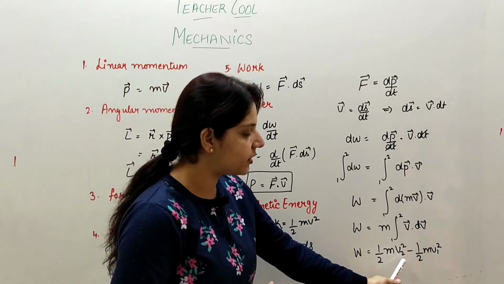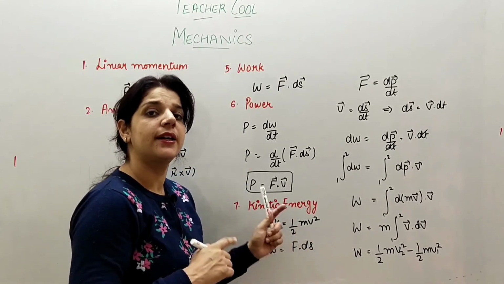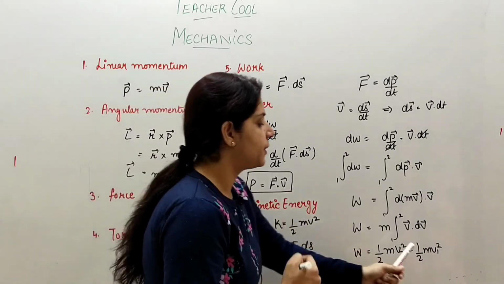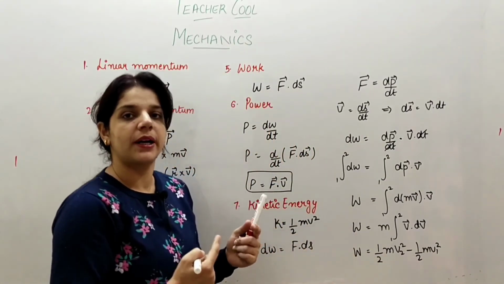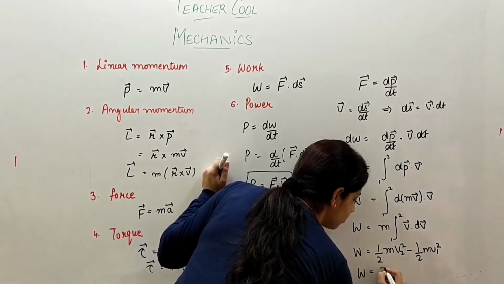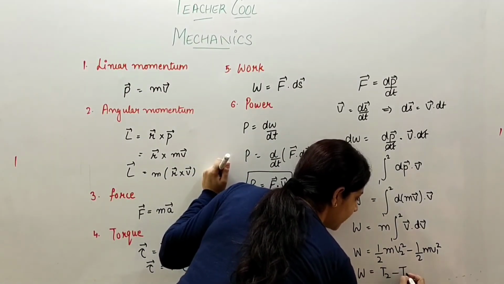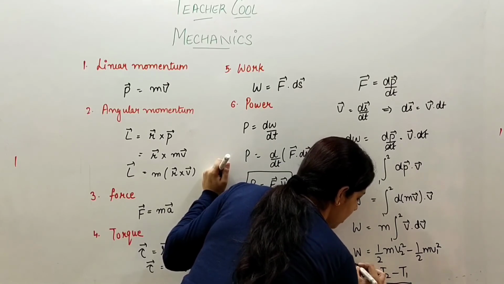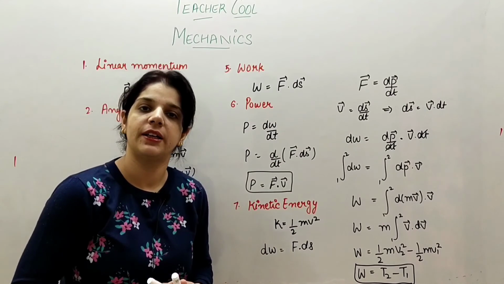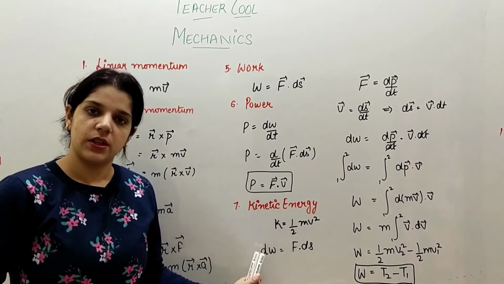So when I am saying it is v2 square, I can call it the kinetic energy of the particle at point 2, and similarly it is the kinetic energy of the particle at point 1. So I'll say W is equal to T2 minus T1, which is the amount of work done in terms of kinetic energy. Is it clear?